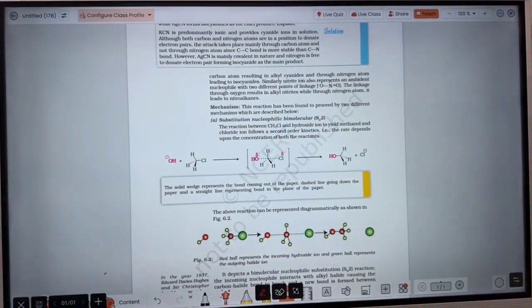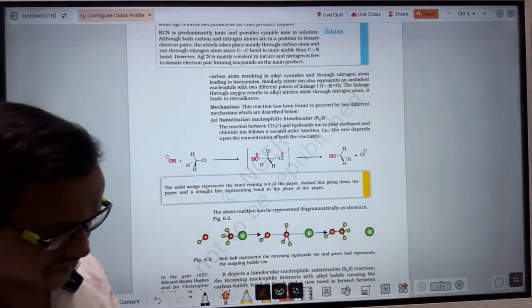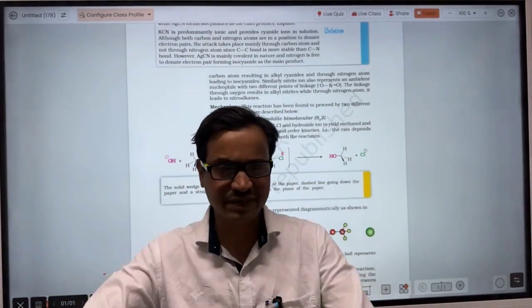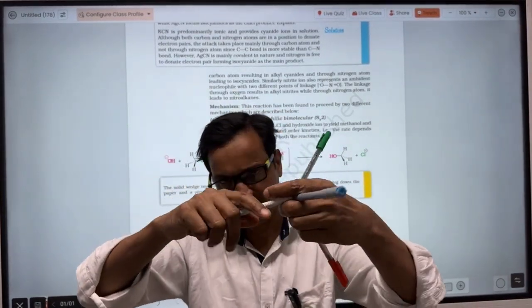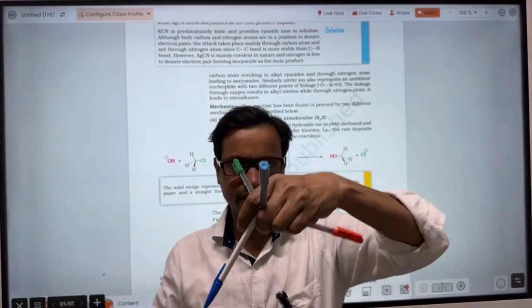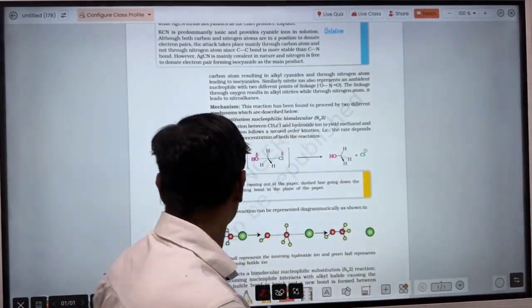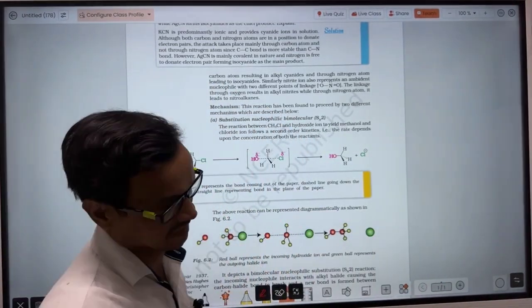Let's see here. The shape is tetrahedral.